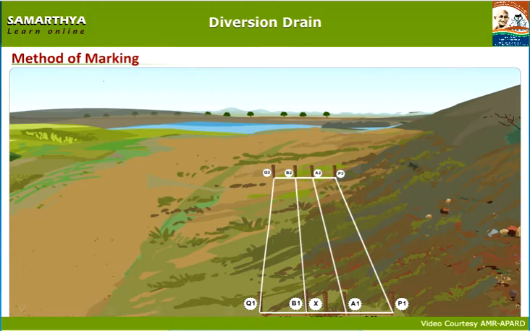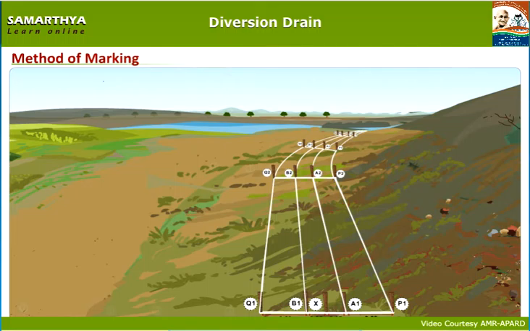The distance of 1.7 meters between the middle portions of the lime powder lines connecting P1, Q1, Q2 and P2 indicates the top width of the diversion canal. Repeat the same procedure of marking along the length of the diversion canal. This marking shall be continued till the diversion canal reaches the natural stream.